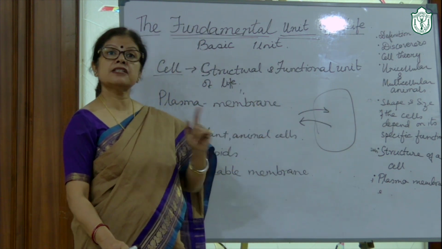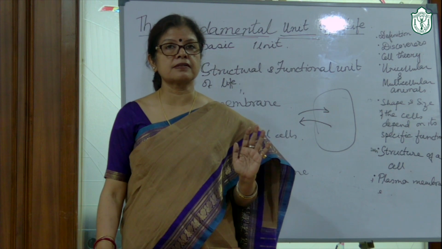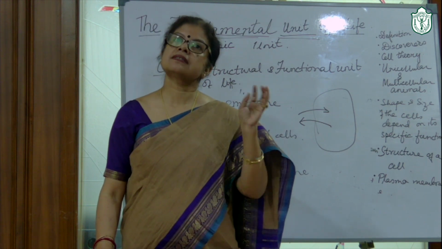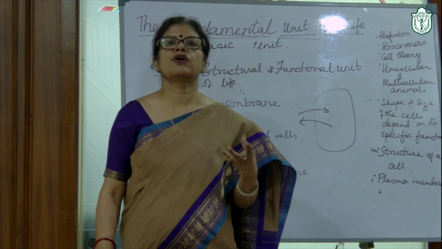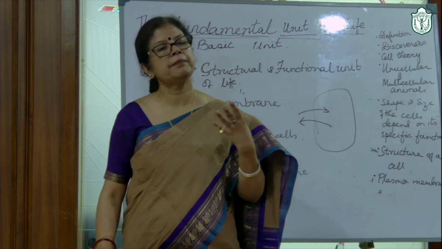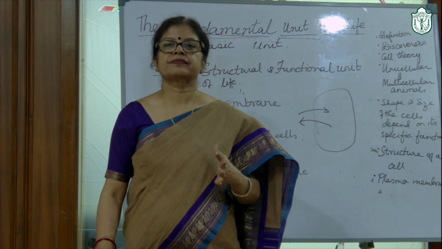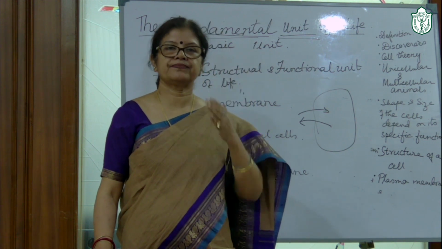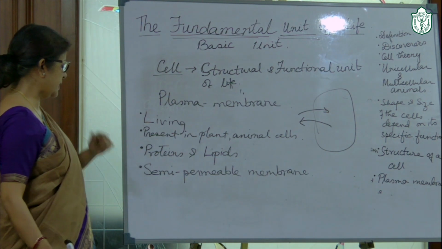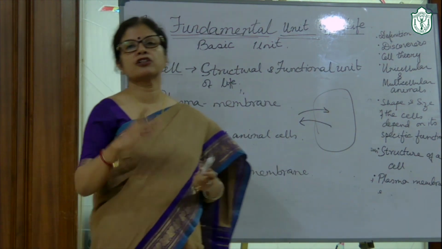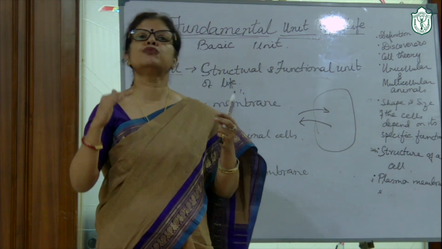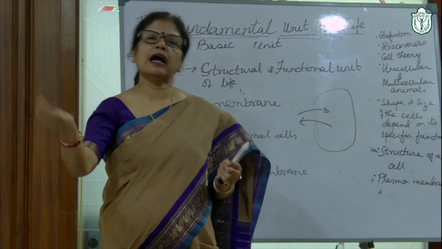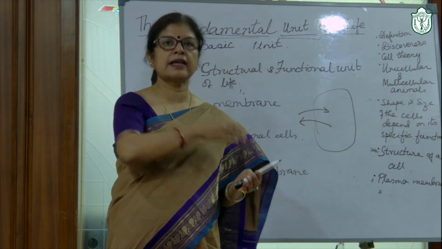That's why it is not allowing all substances, but it is allowing some substances. So it is called a semi-permeable membrane. Now, this concept is needed for the next topic.